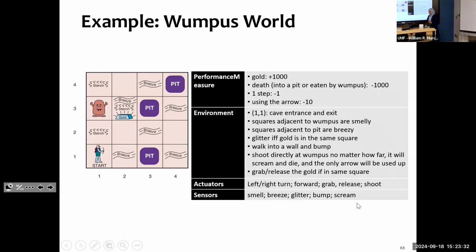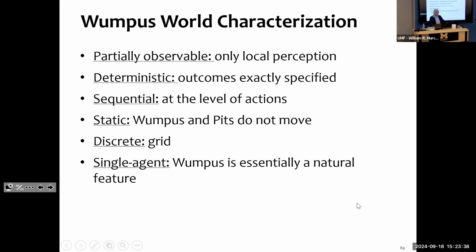What will happen now? After defining this Wumpus world, we are going to first go through the characteristics of this environment or this world. It is partially observable. We cannot see it all, because at this position 1-1, he can see only the room that is just next, on the right side or upper side.